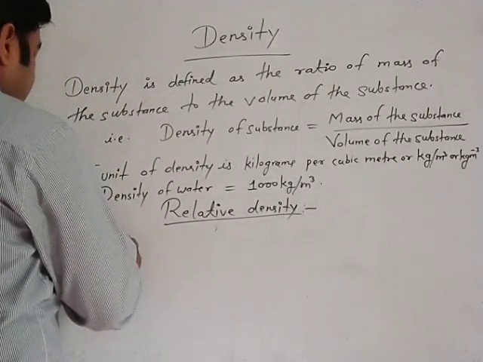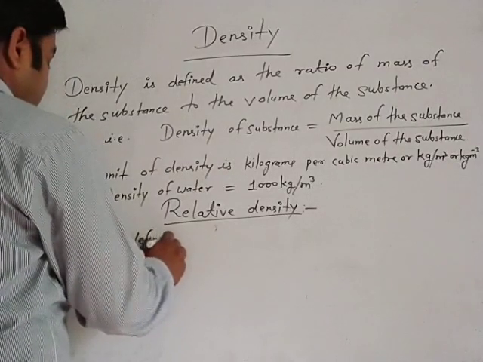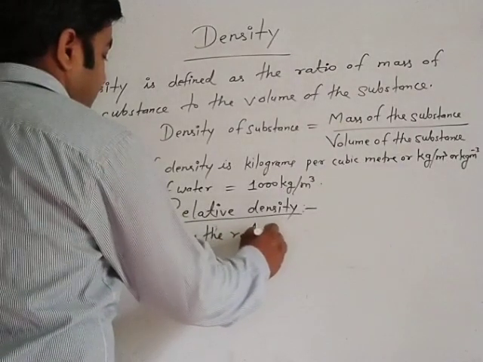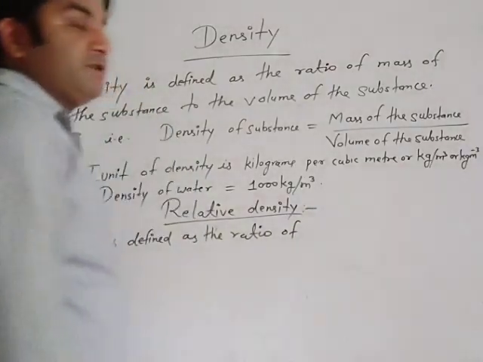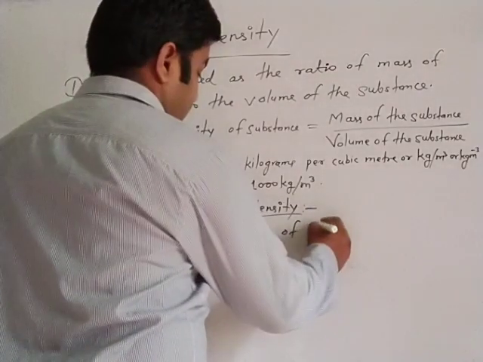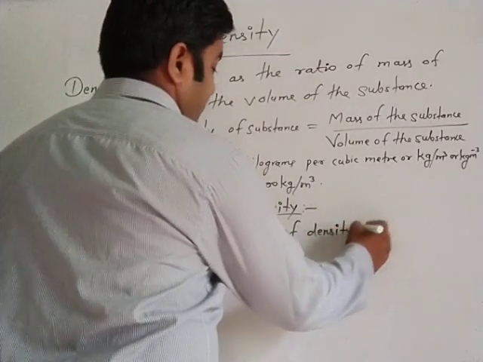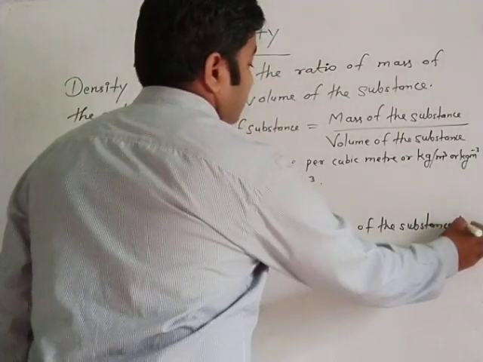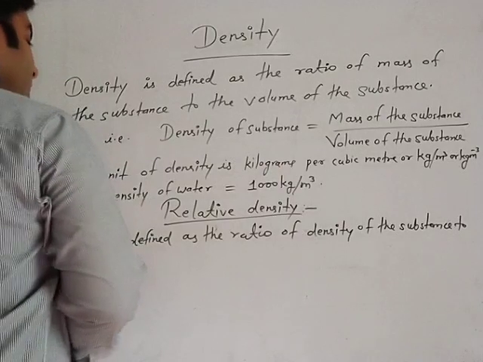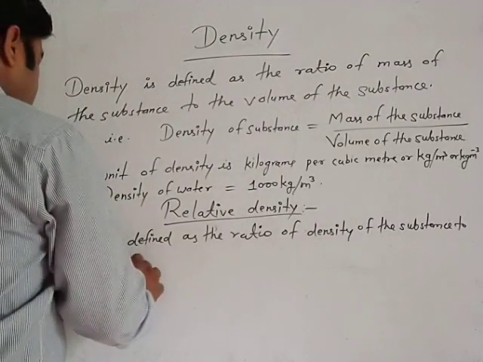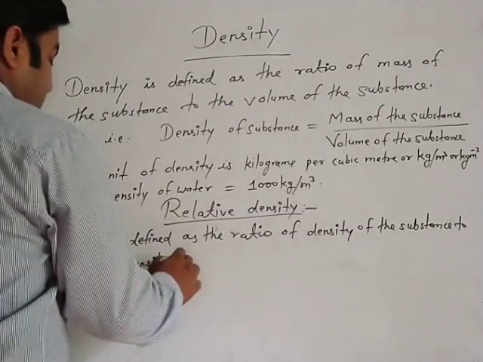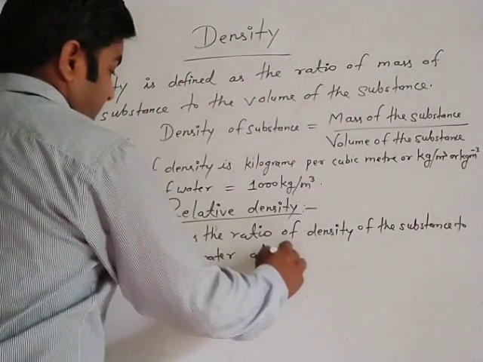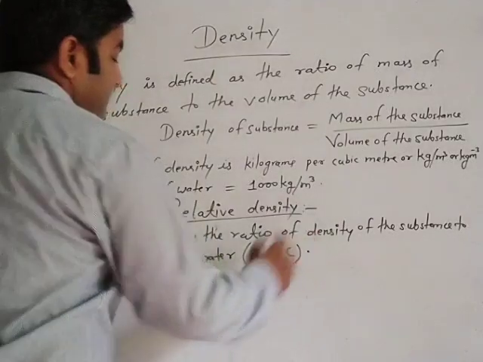It is defined as the ratio of the density of the substance to the density of water at 4 degree Celsius.